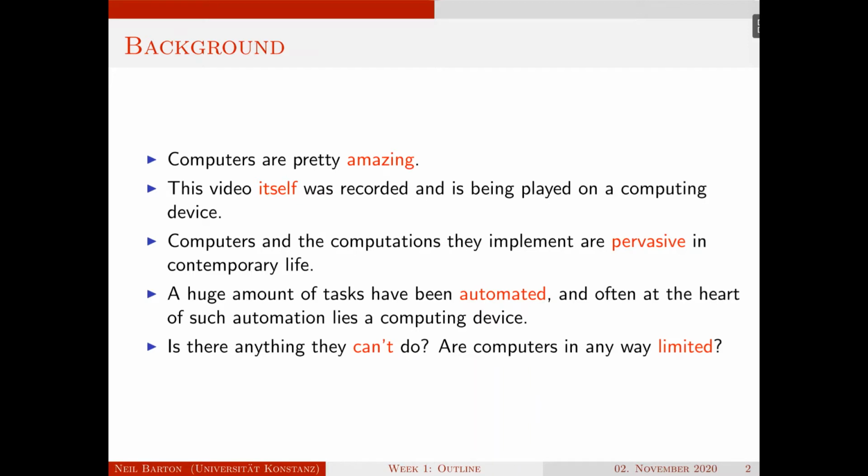So a question we might have at this point is, look, is there anything that computers can't do? Are computers in any way limited? You might think, given the enormous success of automation and so forth, the enormous success of information transfer given computers, that actually the limits of computers are boundless. Computers can do pretty much anything.